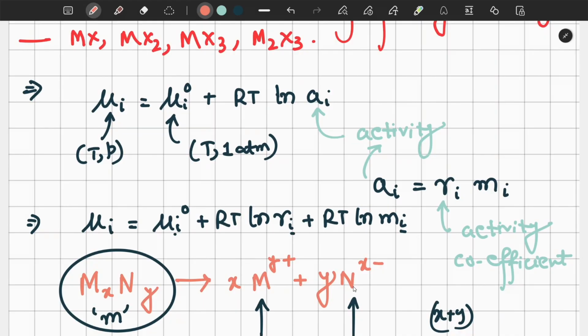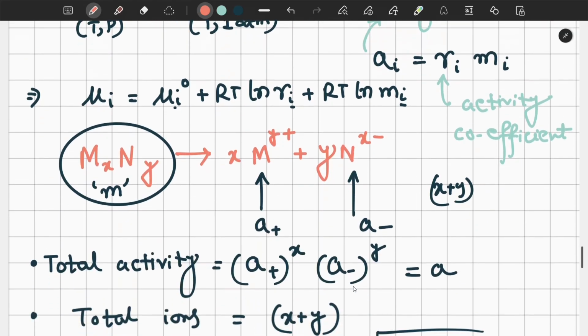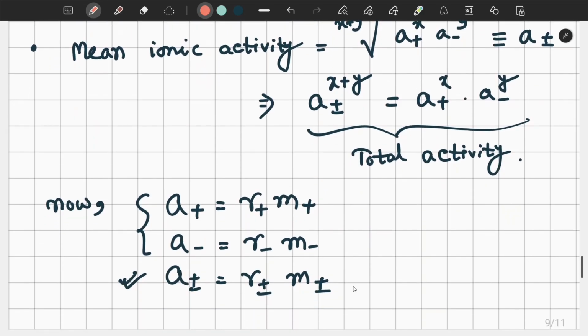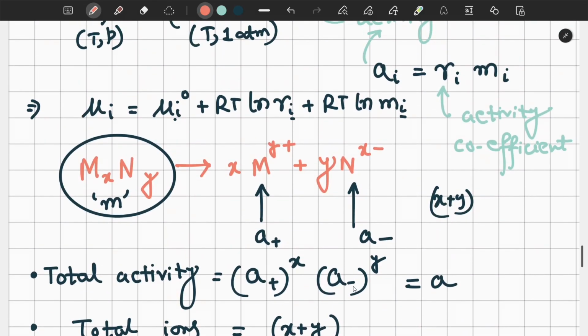Today we'll solve this only. How to find the activity coefficient? You can find it using the Debye-Hückel limiting law. Just check whether gamma plus-minus value is given.